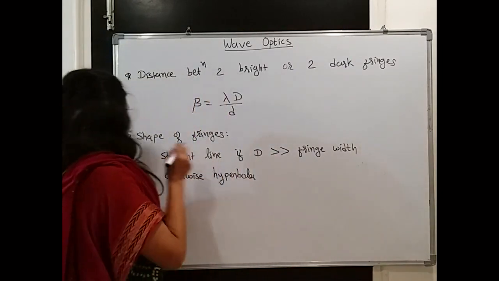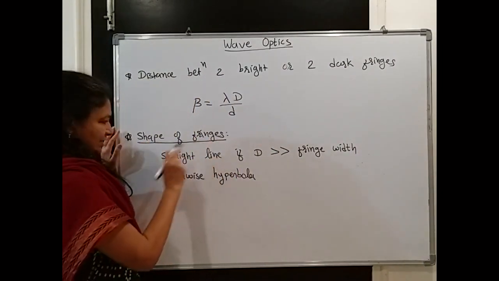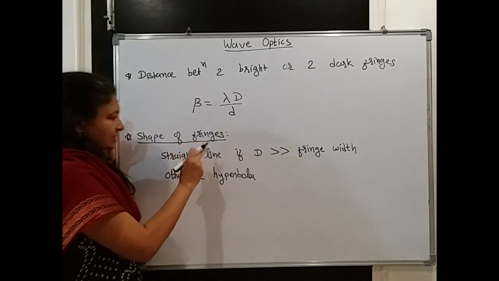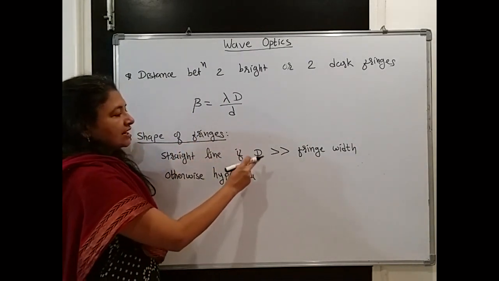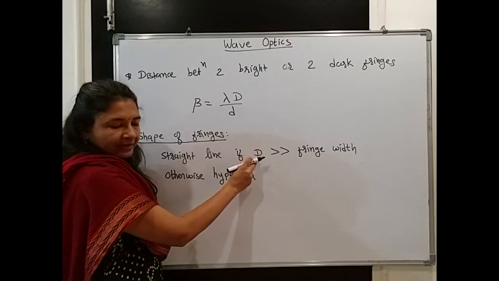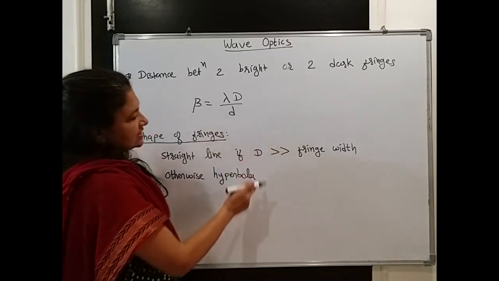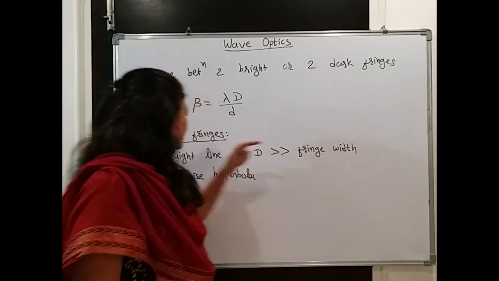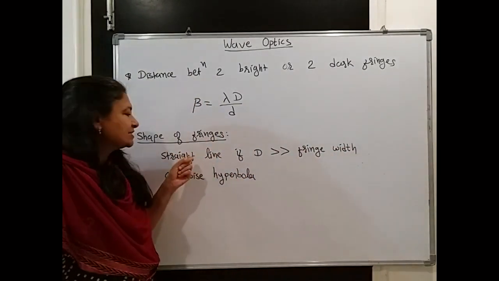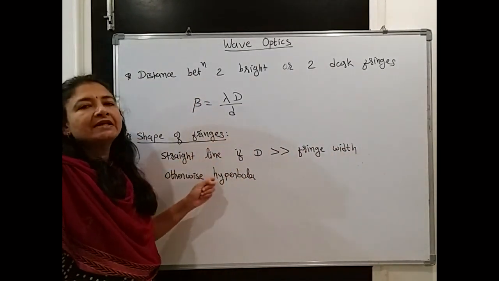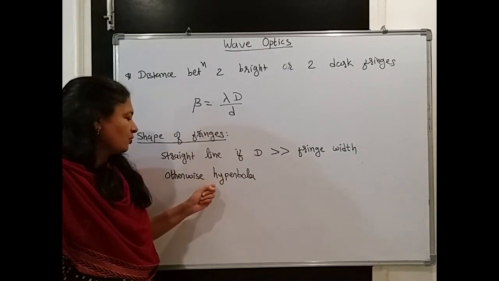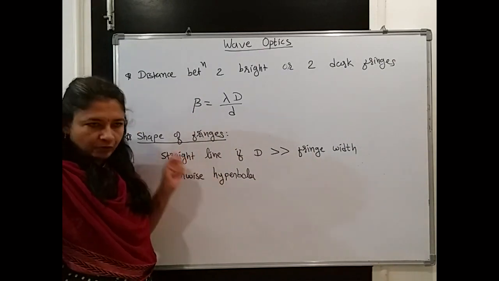Now, shape of interference fringes. It will be a straight line if capital D, that means the distance between slit and the screen, is very much greater than the fringe width. Otherwise, the interference fringes will be in the shape of a hyperbola.